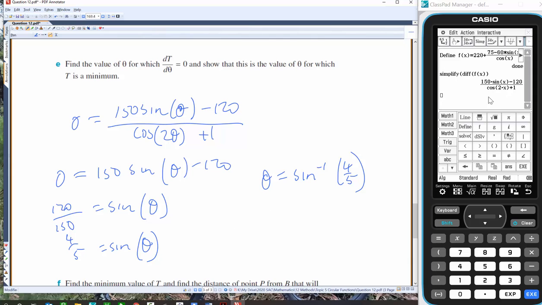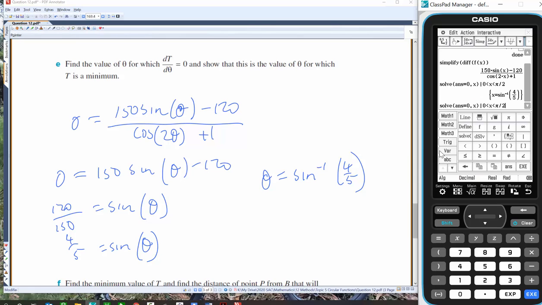So what I'm going to do is say that we're going to solve the derivative equals 0 for x, and the domain, because it's an angle that's between 0 and 90 degrees, we're going to say 0 less than or equal to x less than or equal to 90, but we're in radians mode, so we're going to go shift and 0, which is π on 2. Okay, so there is the exact value, of course, and the decimal.